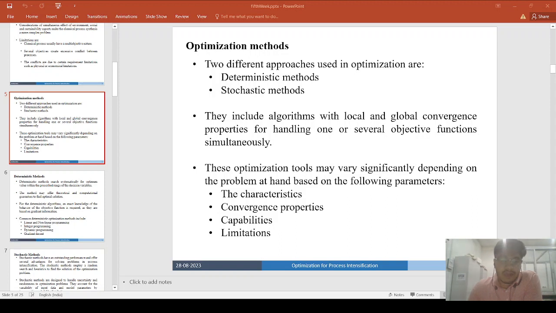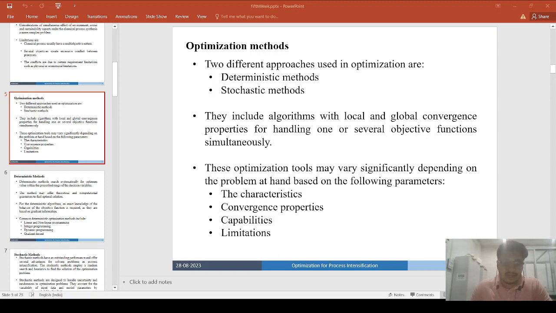So each of the algorithms will have certain characteristics associated to it, certain convergent properties, certain capabilities, and certain limitations. Each of those algorithms might be capable of accounting for a certain property or a targeted objective function that you might be interested in. Those things come under the capabilities of the algorithm.